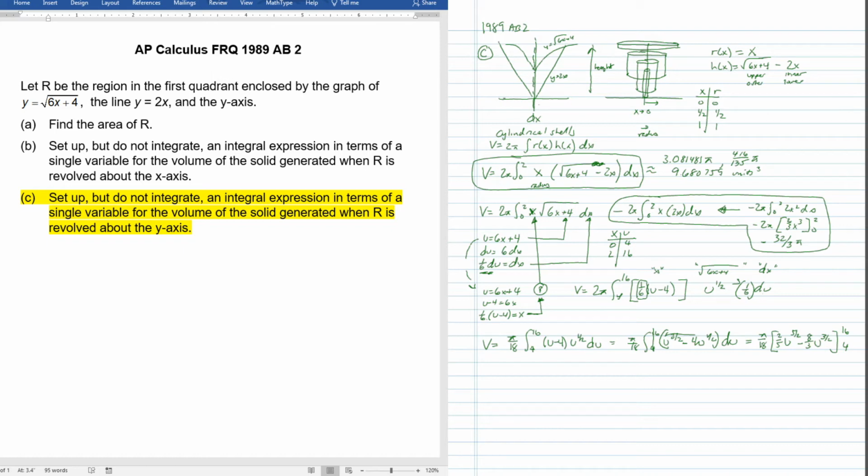So if I plug in my numbers, which I will do for demonstration purposes, 2/5 times 16 to the 5/2 minus 8/3 times 16 to the 3/2, and then I subtract that all by 2/5 times 4 to the 5/2 minus 8/3 times 4 to the 3/2, I will be able to get the answer that I am looking for above way on top.